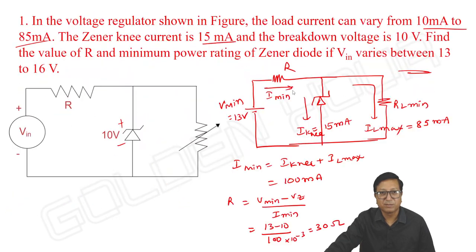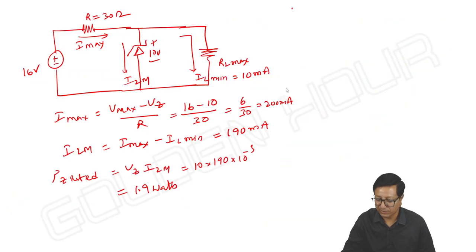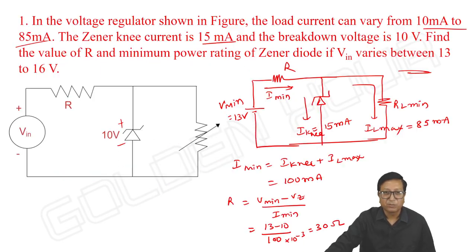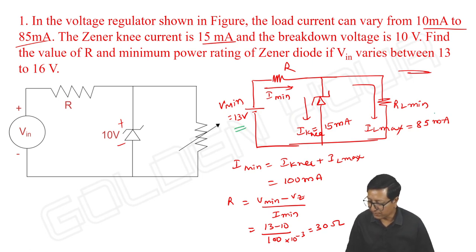I want to explain something here. See this, in this problem, let me change the colors. Input is minimum, at that time RL is also minimum. We need not worry about the value of RL minimum. If you want, you can calculate it.